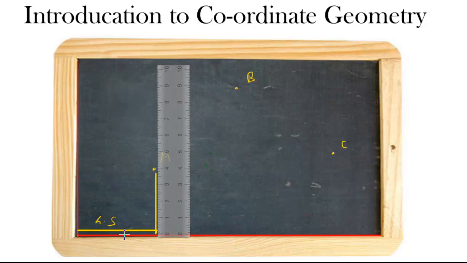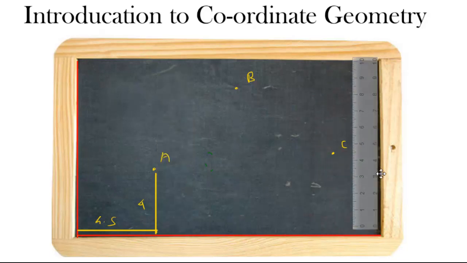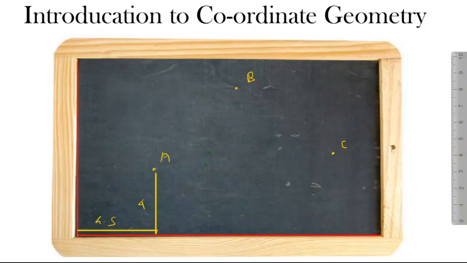It is about 4. So to reach point A, we have started from this intersection point where both the left and bottom edges are intersecting.